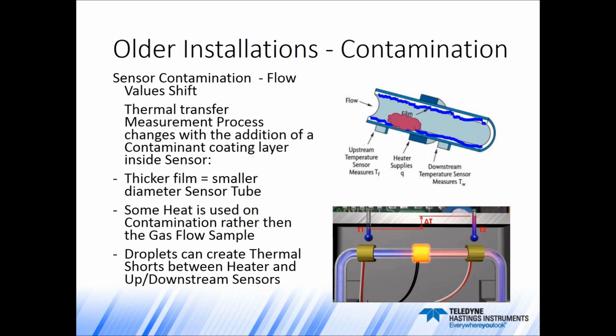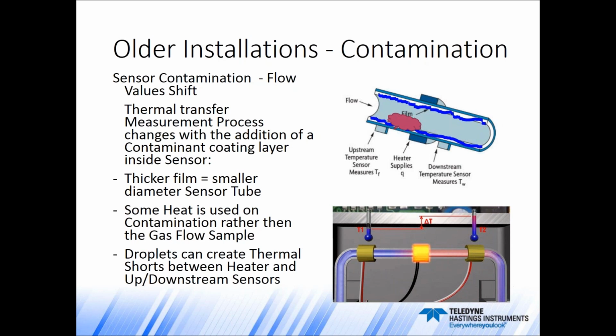So we're talking about a very small capillary tube. Sensor contamination automatically will create a shift in flow values. The thermal transfer measurement process changes with the addition of a contaminant coating layer inside the sensor.